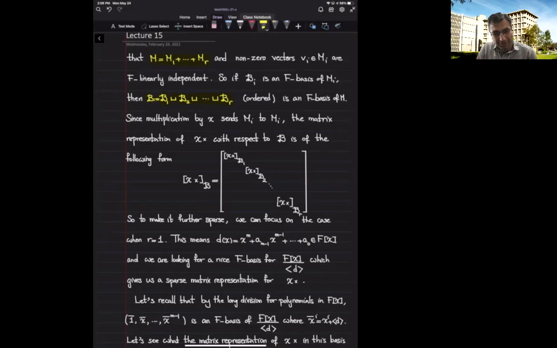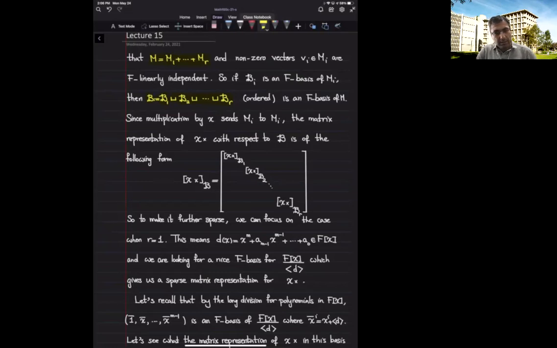So if they add up to 0, then all the components are 0, which implies that the linear combination of the B sub 1 part and the B sub 2 part are 0. Knowing that they are linearly independent, we deduce that this set B is indeed a basis for the entire M.